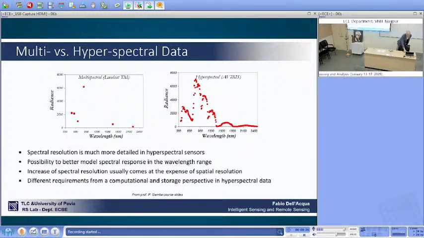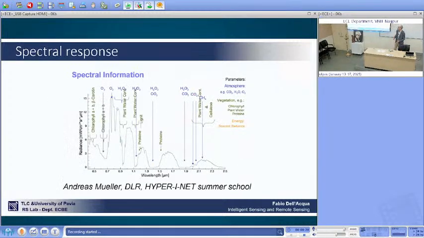And in fact, if you look at vegetation, which I presented to you as a very simple behavior with 2 bumps and 2 dips, at least in the near visible range, when you describe it using hyperspectral data, it becomes much richer in information.